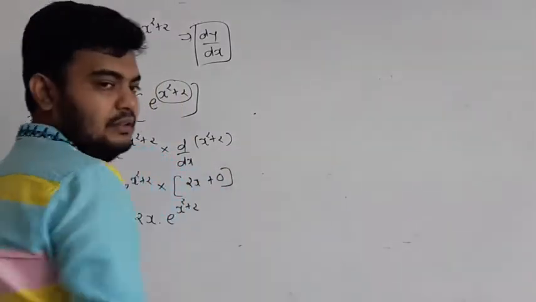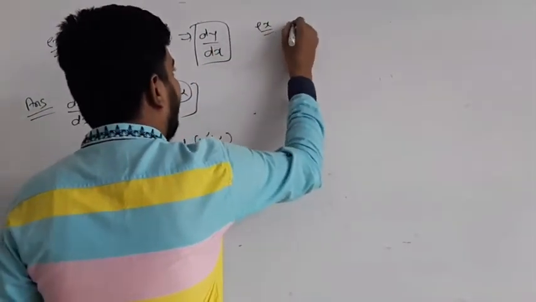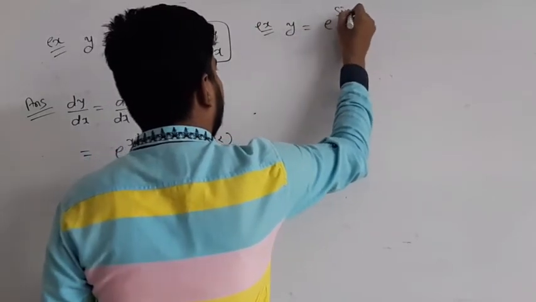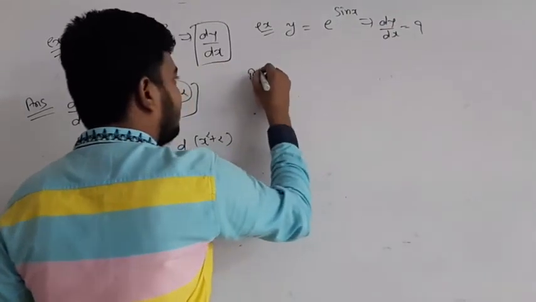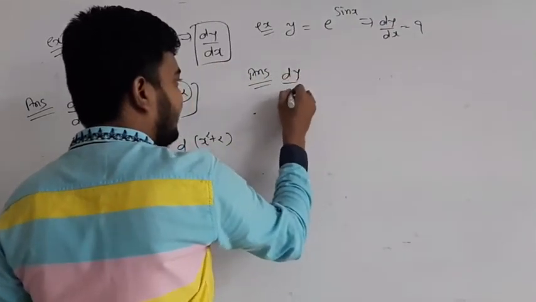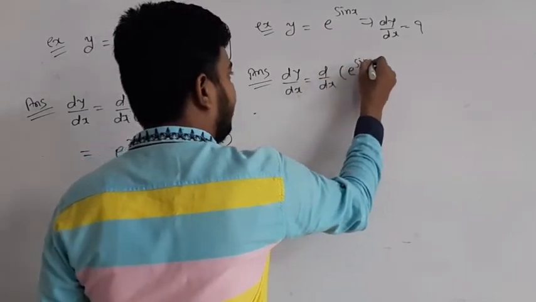So you are getting it easily. If y is equal to e raised to sin x, what is dy by dx? So dy by dx is equal to d by dx of e raised to sin x.